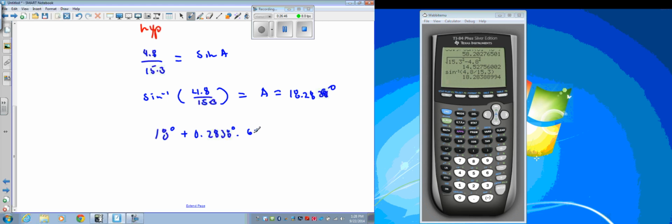There's 60 minutes in 1 degree, right? And notice the units will cancel out degrees. So when you take 0.2838 times 60, it'll give you the minutes.